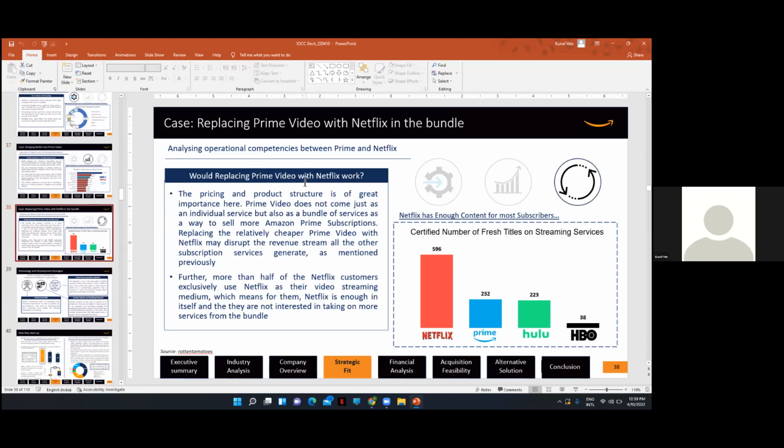Now, if you replace Prime Video with Netflix, Prime Video, as I said, comes with a bunch of other things as well, and not just Prime. Amazon Prime comes with other things as well, and it's usually very cheap. Prime Video is not so expensive in most countries, but Netflix subscriptions are a tad expensive.